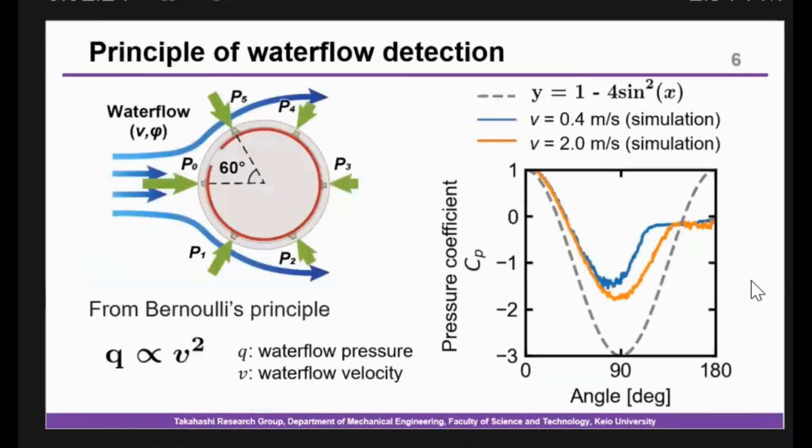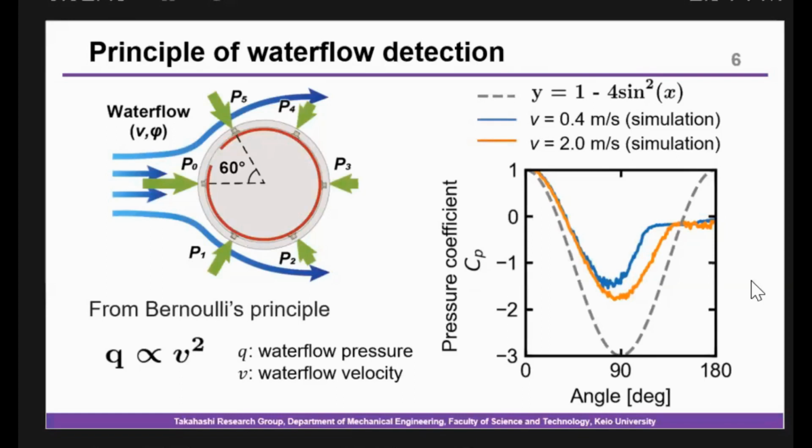I'd like to explain the measurement principle of the sensor. The relationship between flow pressure and velocity is understood to be squared, based on Bernoulli's principle. To measure the flow direction, we consider the pressure distribution around a cylinder in a uniform flow.